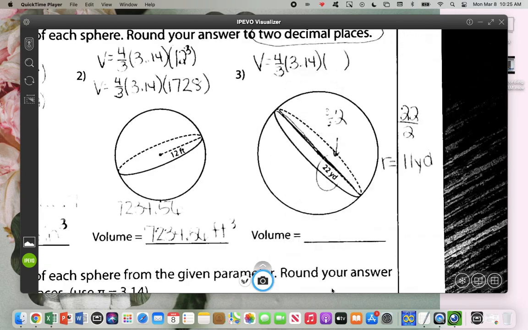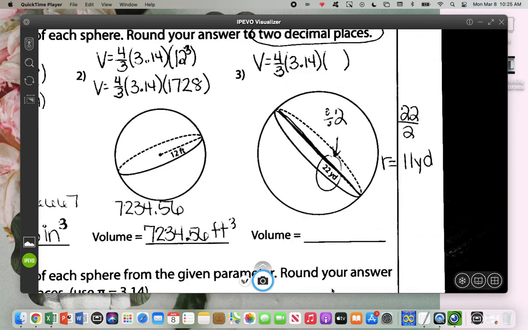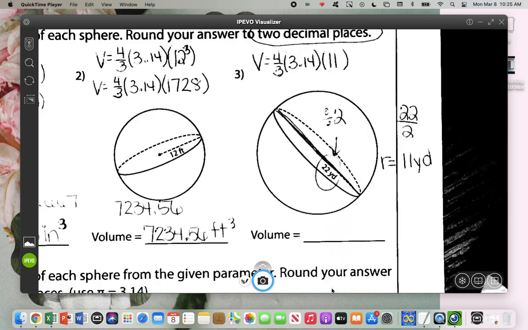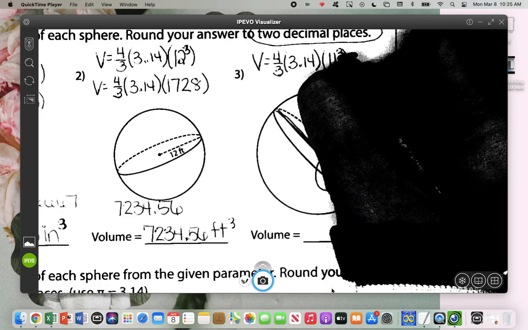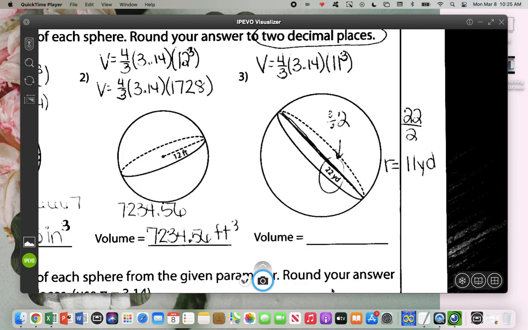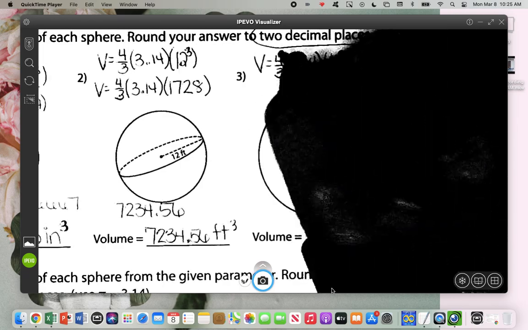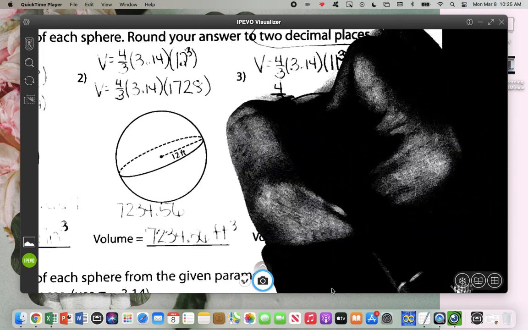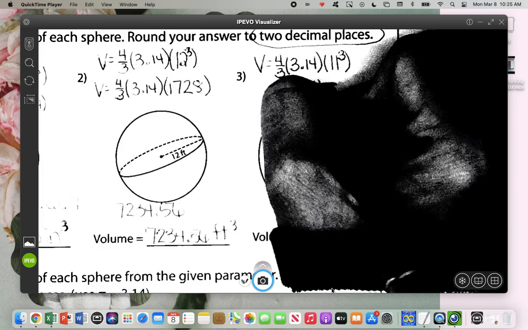But what am I going to plug in here? 11 cubed, 11 to the third power. So if you are given a diameter, you do have to take half of it first before you plug it in. So let's all take 11 times 11 times 11. Weston, what did you get for 11 to the third power?